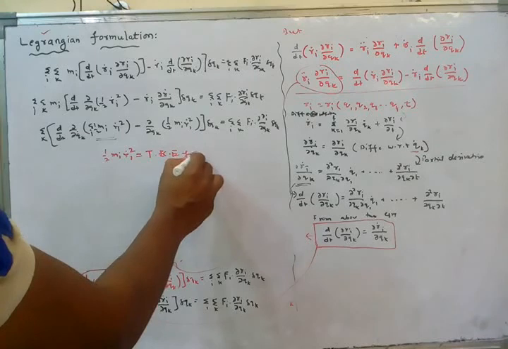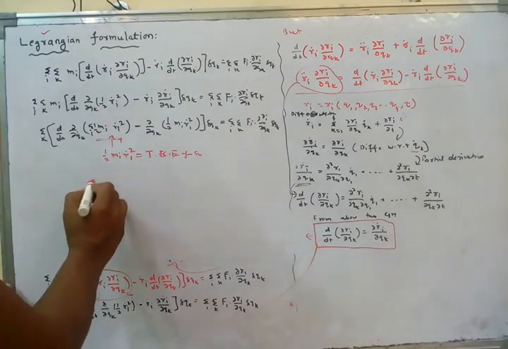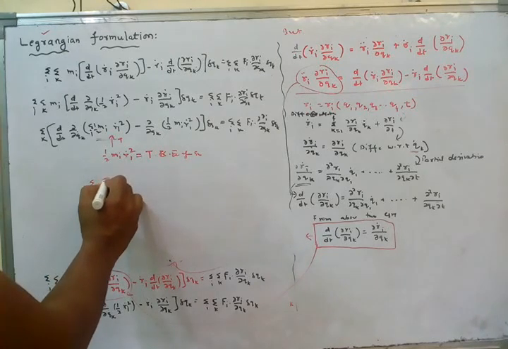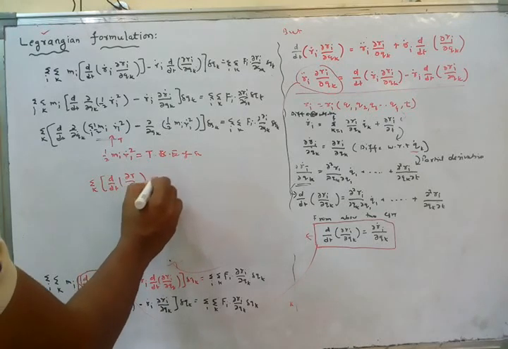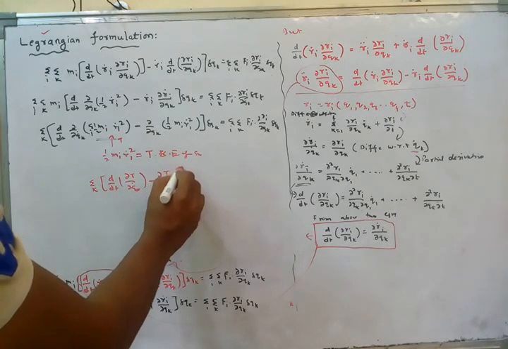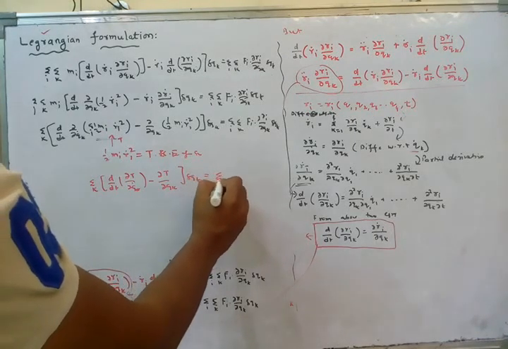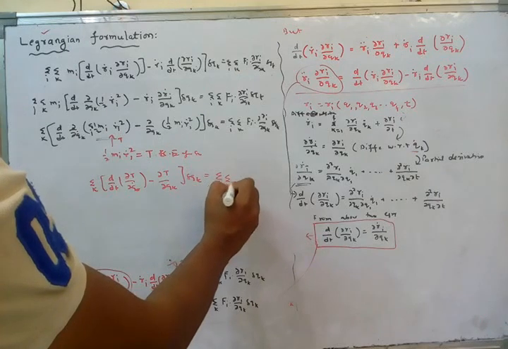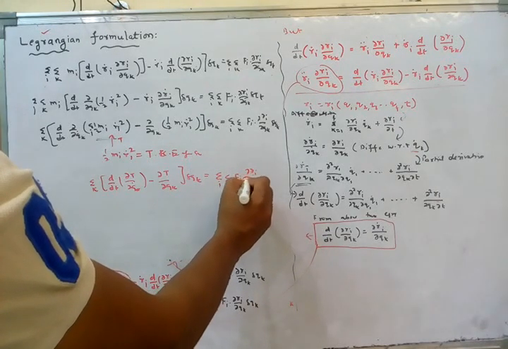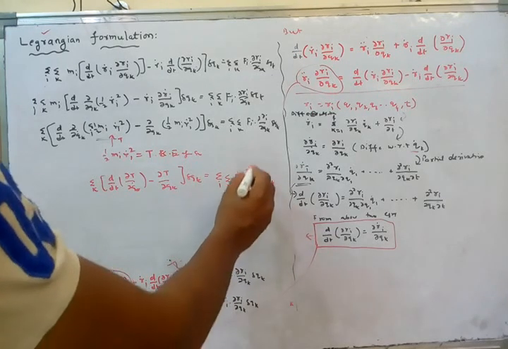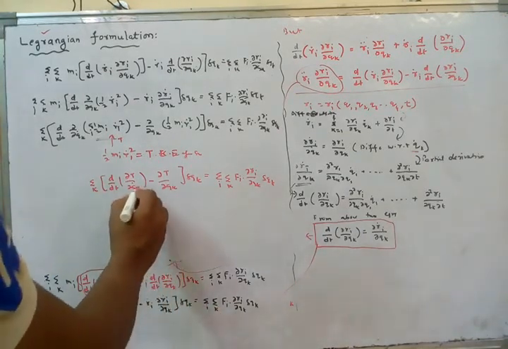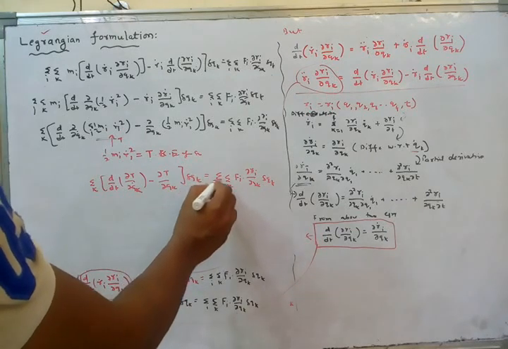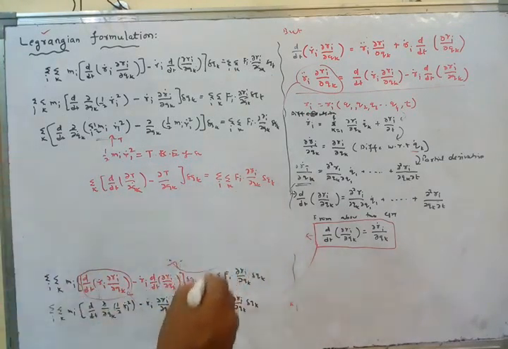So substituting T, we get sigma k [d by dt of dou T by dou qk dot minus dou T by dou qk] delta qk equals sigma i sigma k Fi dou Ri by dou qk delta qk.